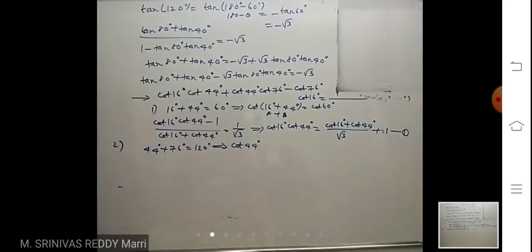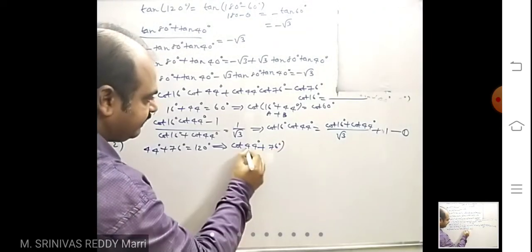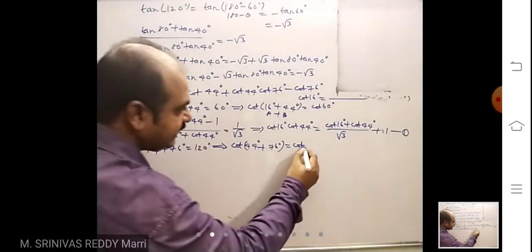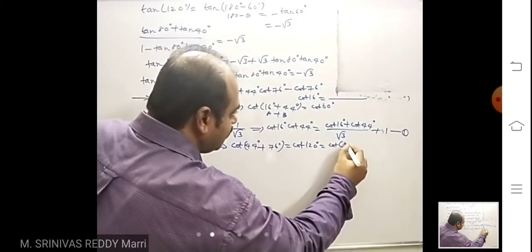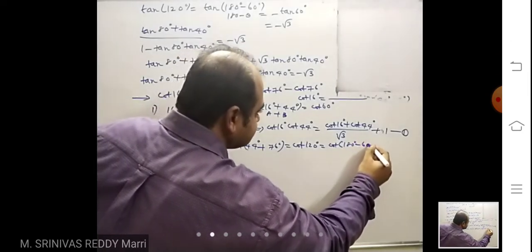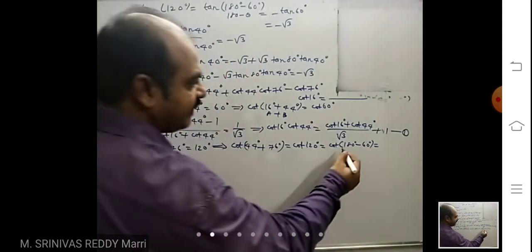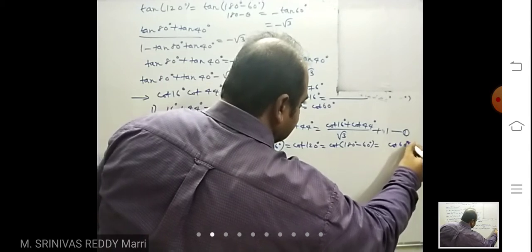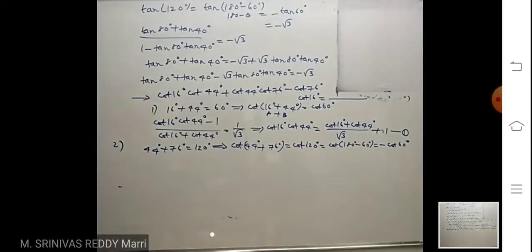Cot of (44 plus 76 degree) is nothing but cot of 120 degree. This is nothing but cot of 180 degree minus 60 degree. This is nothing but cot of (180 minus theta), which is minus cot theta in the second quadrant, so minus cot 60.